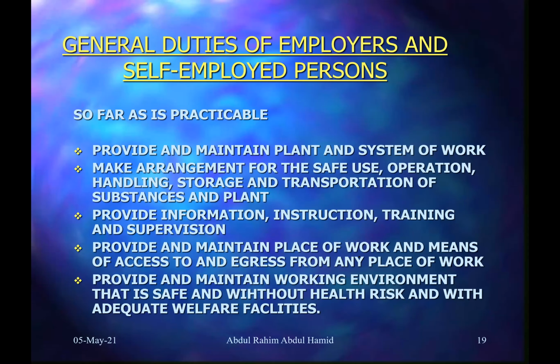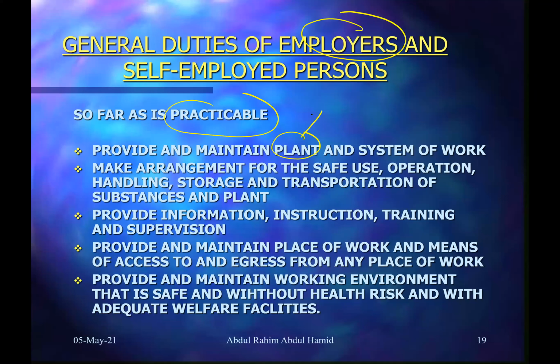Okay, general duty of employer and self-employed person. So we focus on the employer. Self-employed person means you establish a small business. Sometimes you are the boss, you are the worker, and you maybe have a few staff. That's what we call a self-employed person. As far as practicable, you have to provide and maintain plant and system of work.